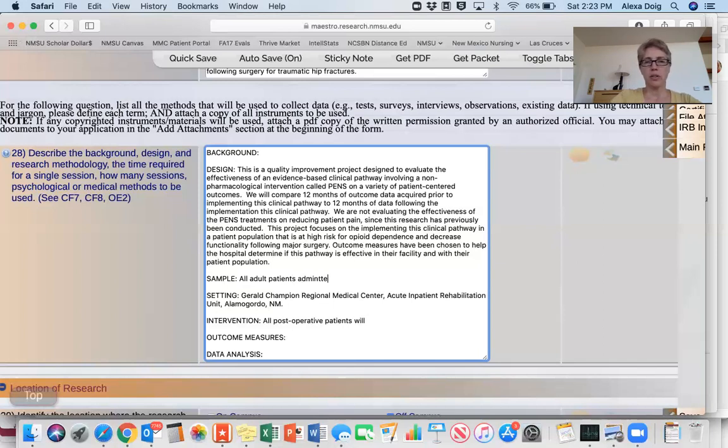And so I would probably write something here like all adult patients admitted to this particular inpatient rehab unit who have had surgery for traumatic orthopedic hip fractures, something along those lines. And then I would include inclusion and exclusion criteria. A little bit on age, although age is covered.